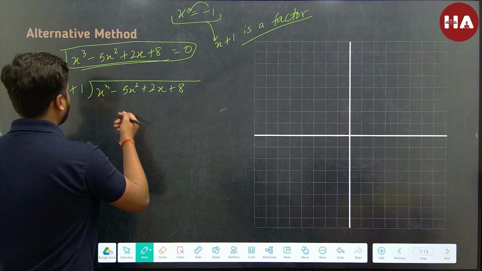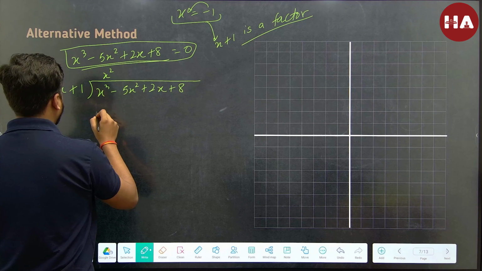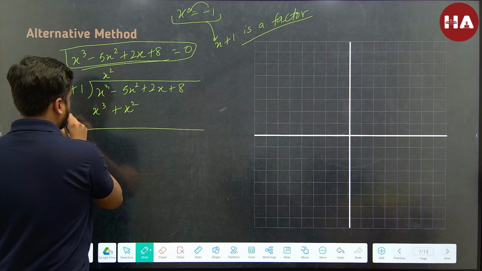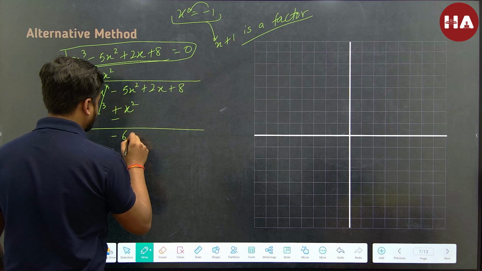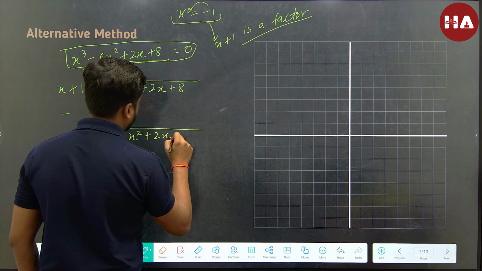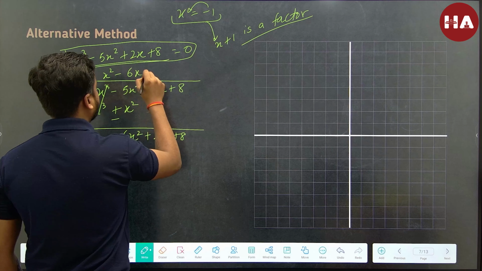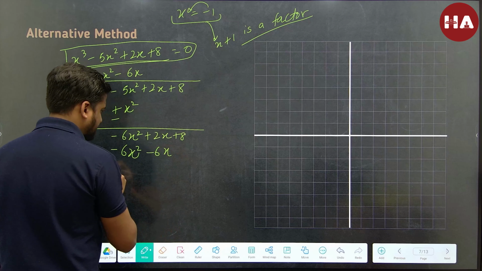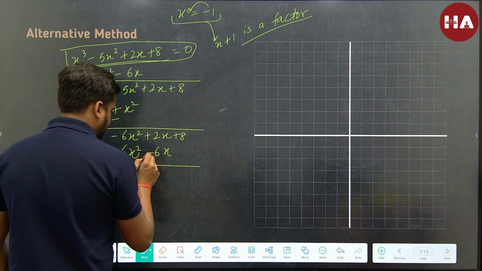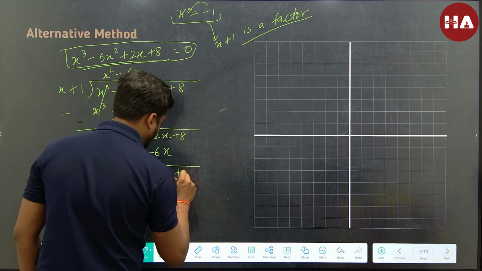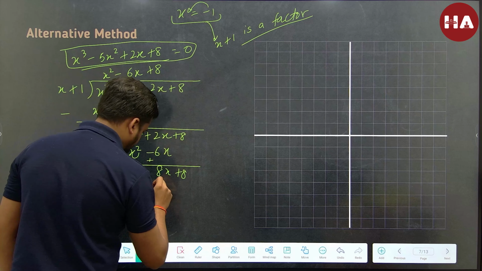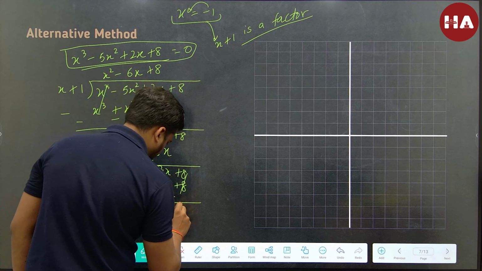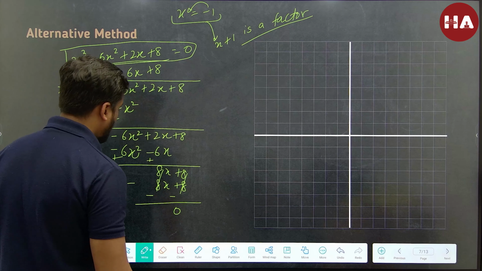And if we do that, what will we get? x square, that is x cube plus x square, and I'll get minus 6x square plus 2x plus 8, that is minus 6x square minus 6x, 8x plus 8, correct?